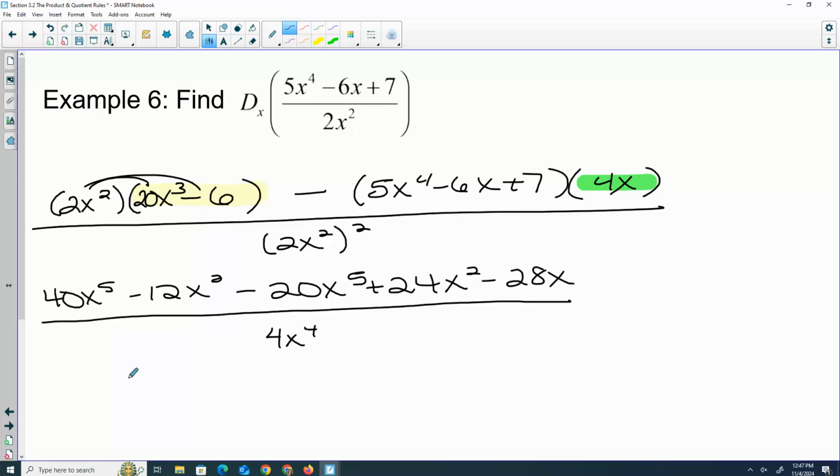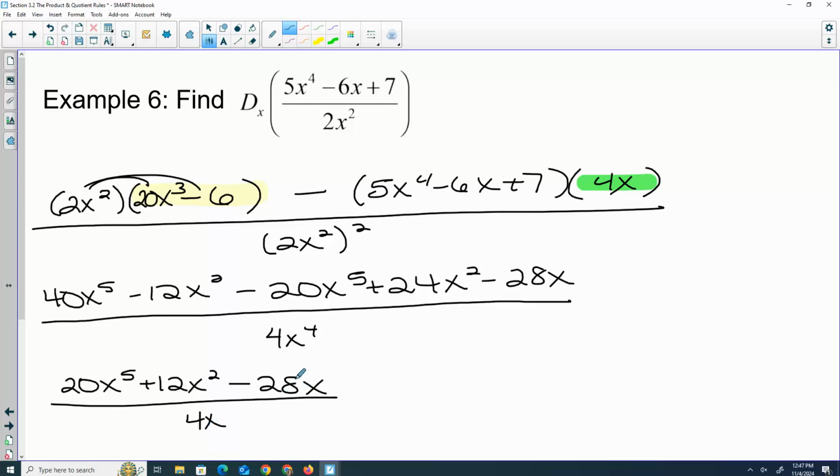Combining like terms, we get 20x to the fifth plus 12x squared minus 28x over 4x to the fourth.